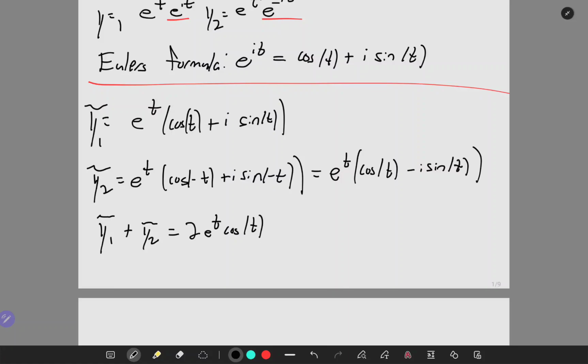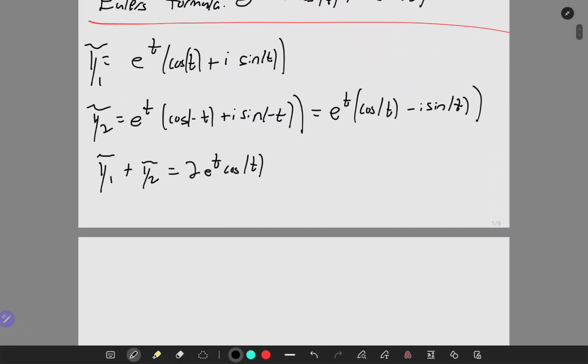It doesn't matter which one, but let's say we change the sign on y1, we'll be left with, right? This would become, we'll be left with, right? Oh, 2i, right.